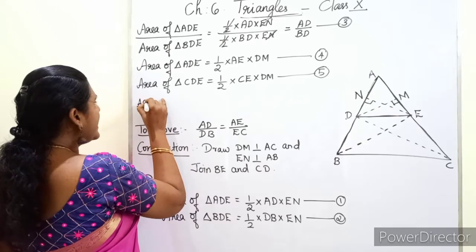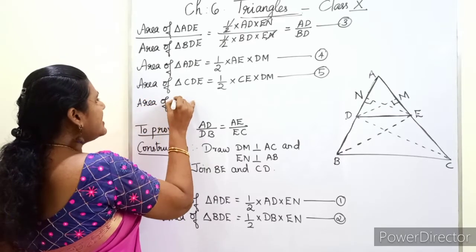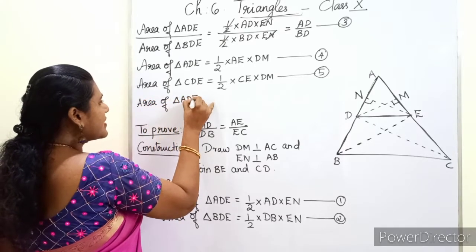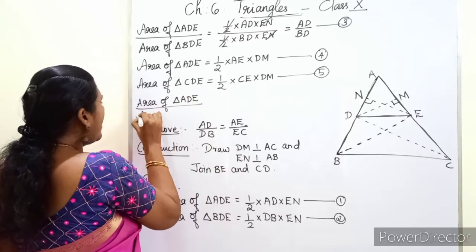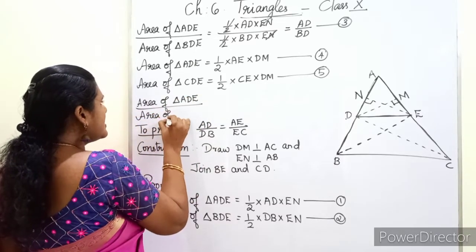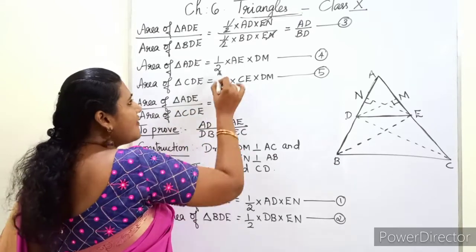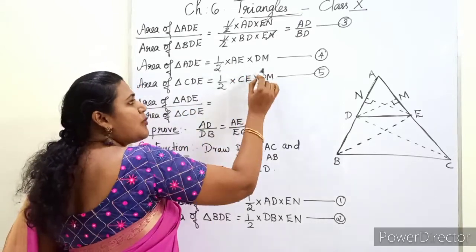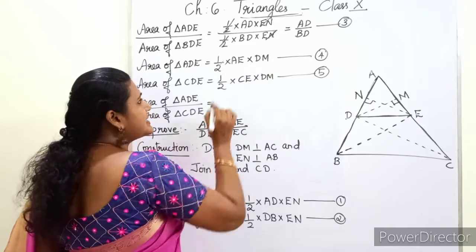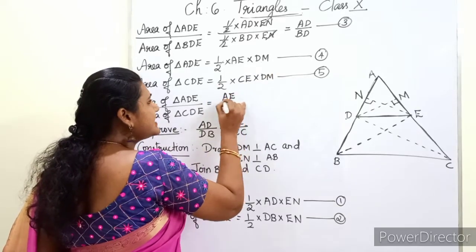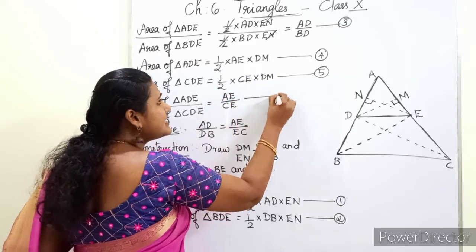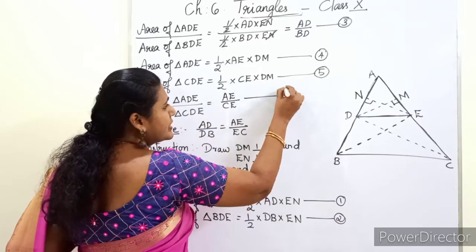So you will get area of triangle ADE by area of triangle CDE is equal to, this half will get cancelled and DM also will get cancelled, and you will get the answer as AE by CE. This is actually the sixth equation.